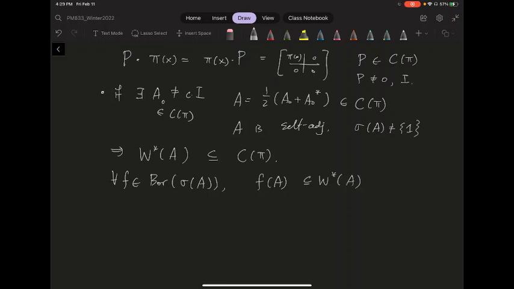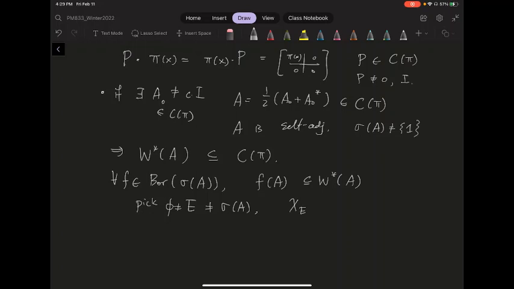And of course, because your A is not just the constant identity, you can always pick some subset E, which is not empty and is not the entire spectrum, so that this E is Borel.